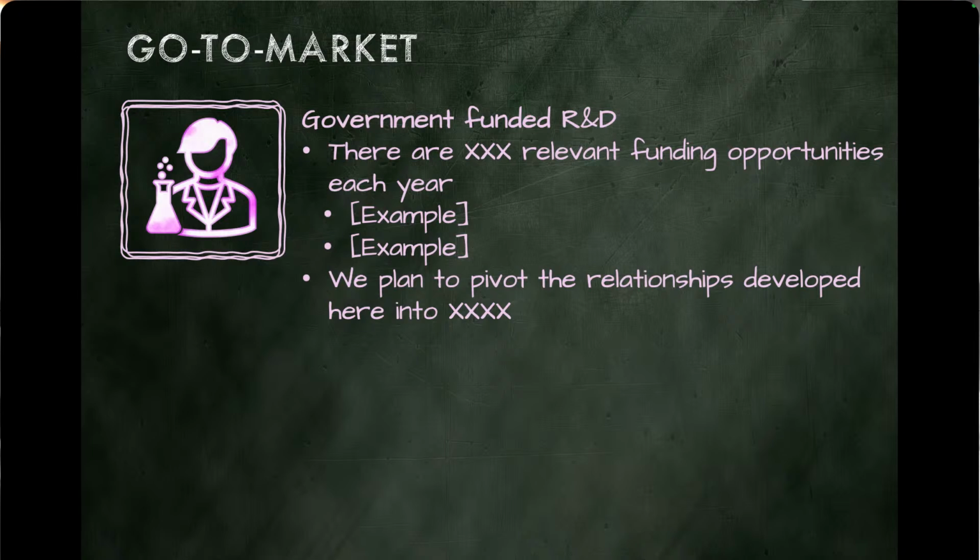And then in the last bullet under this go-to-market strategy, I would give some indication of how you're going to pivot from doing R&D for the government to selling the products of your R&D to the government. So whatever that strategy is, it's like, hey, our plan is to pivot from funded R&D and use that to enhance and turbocharge our subcontracting strategy.